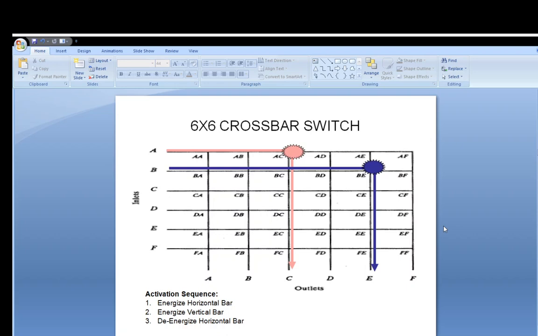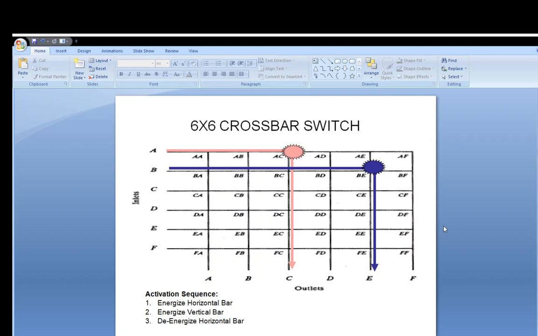So as we can see in this figure, when the call is set up between subscriber A and C, then definitely initially line A was energized, then after that line C was energized.